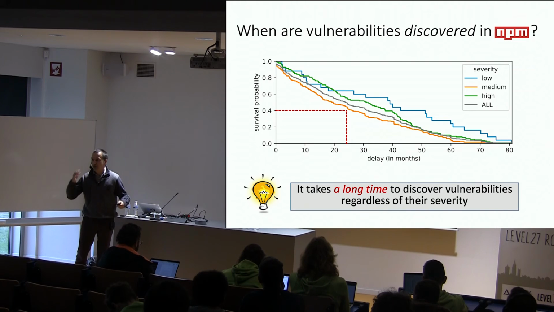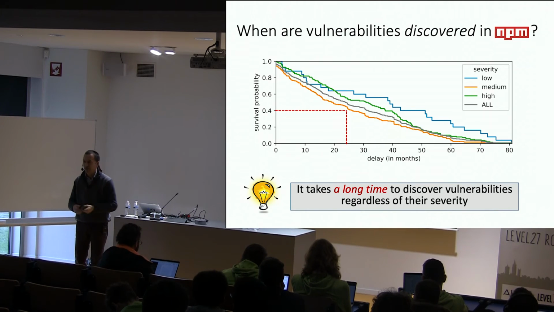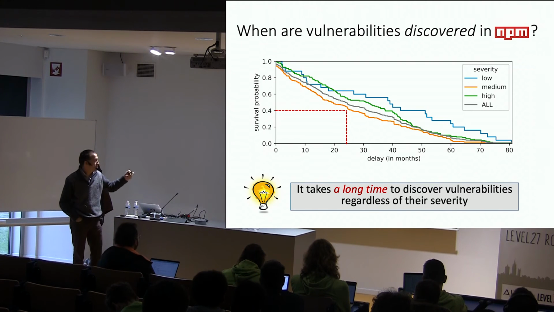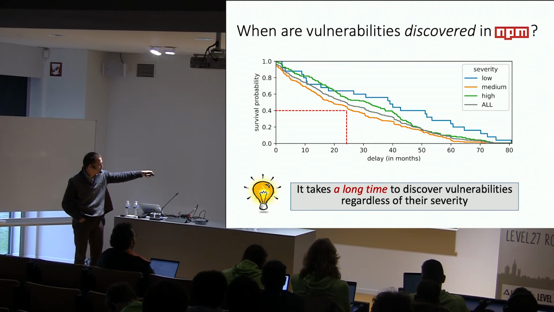This is survival analysis, it's a kind of statistical analysis technique. I'm not going to bother you with the details because it's quite difficult to explain, but I can explain some parts very easily. Basically here you can see that this is the timeline. This is 2 years, 24 months. This is 40%.